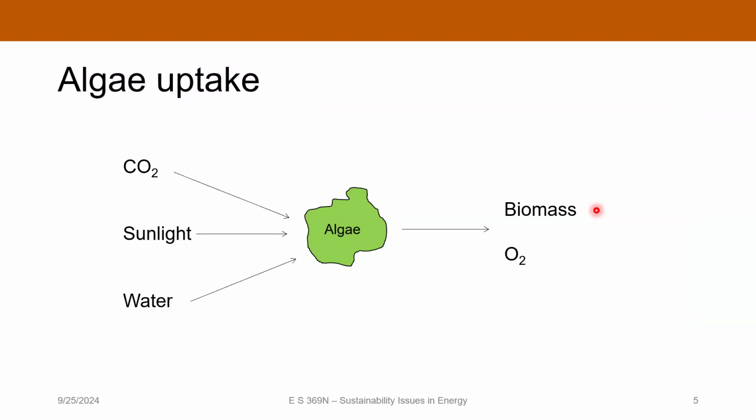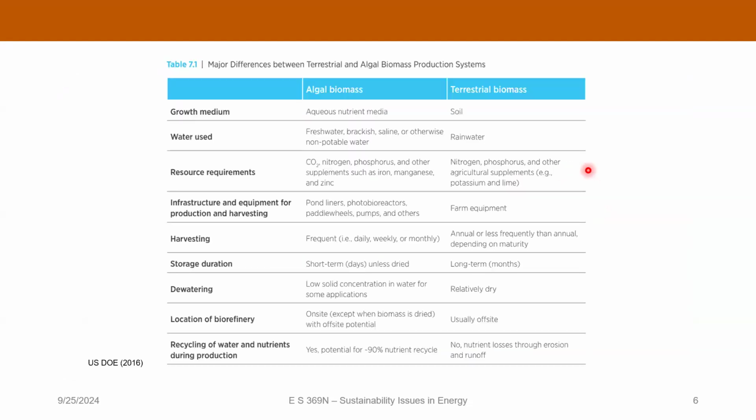It's very forgiving. Obviously, it requires water, it requires surface area, so you're not going to cover the entire surface of the earth with algae, but it's a good thing. Like I said, the biomass is the useful thing that comes out of this. I'll talk about the uses in a little bit. But the algae also has a lot of advantages over traditional biomass manufacturing, which is a fancy term for farming.